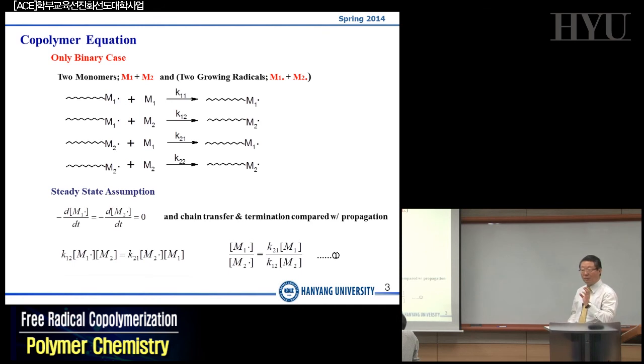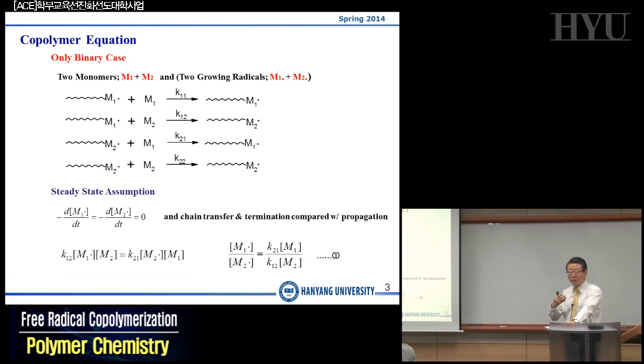Now M1 over M2 is the initial monomer concentration, whereas the concentrations of the growing chains, M1 dot and M2 dot, as you already know, are not possible to account for in your rate equation.